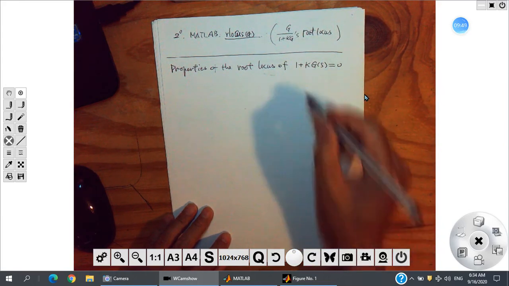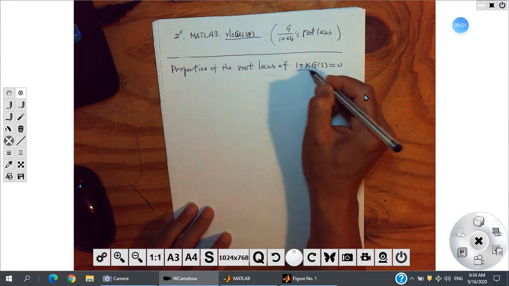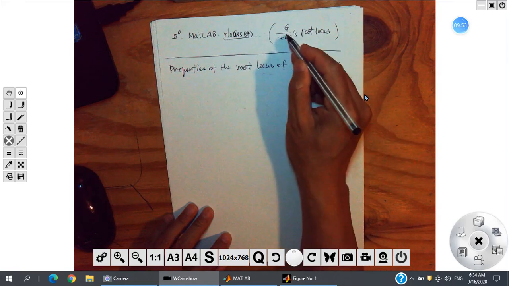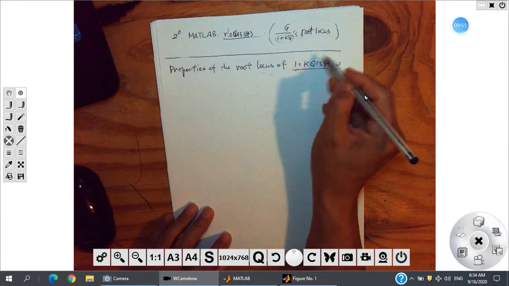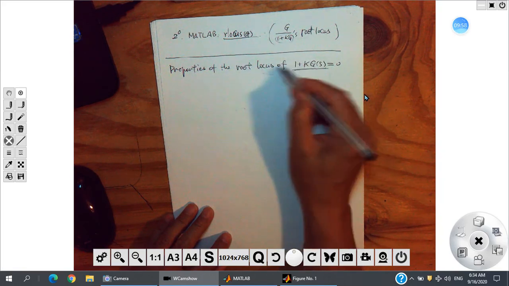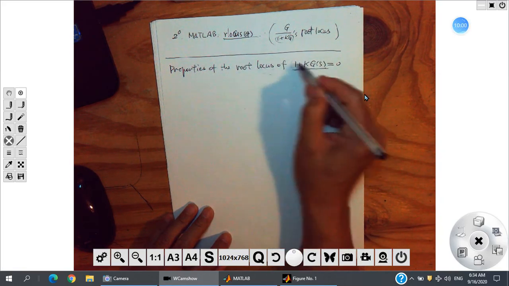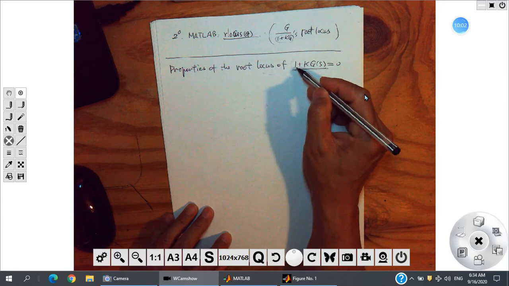Root locus, right? The roots of this part. So we can also say the root locus of this one is the orbit of roots of this one.